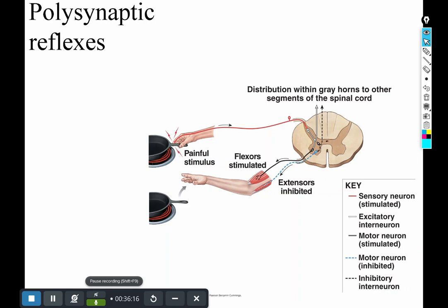But with reflexes like this, we have a problem. The problem is that we have on either side of our humerus, or either side of our femur as well, flexors on one side and extensors on the other. And flexors and extensors have opposite actions.